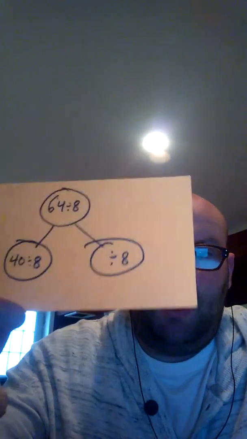Well, what I would have them do is, since we got 40 divided by 8, I would say, why don't you subtract, because it has to equal 64, 40 and the other number. The divisible number, the one that stays the same, is always 8. So I'd have them add to 8.